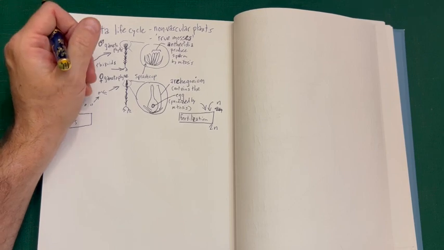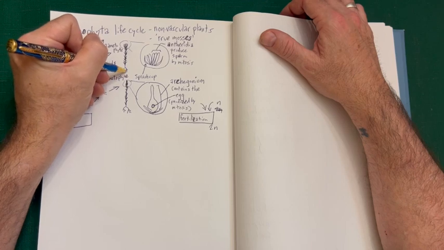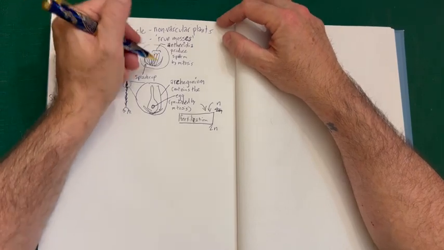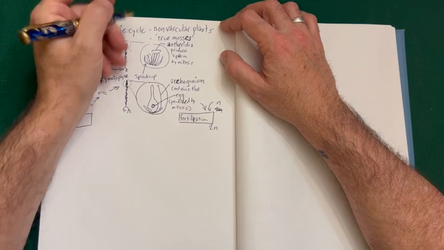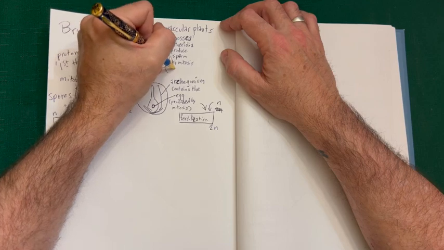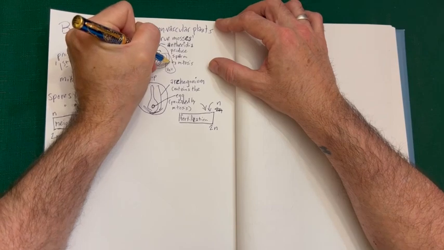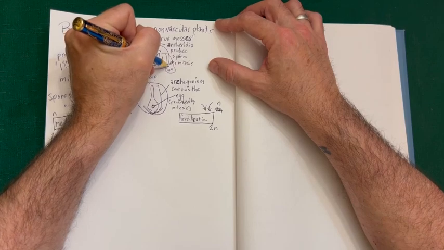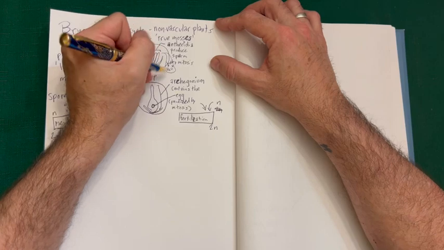So non-vascular plants have no vascular tissue, so they rely on water being around to do things like keep the plant hydrated, as well as to transfer sperm from the antheridia to the archegonia.